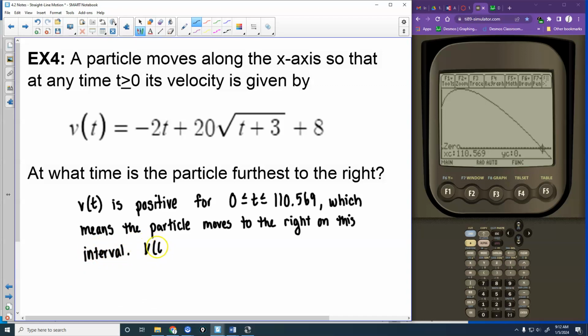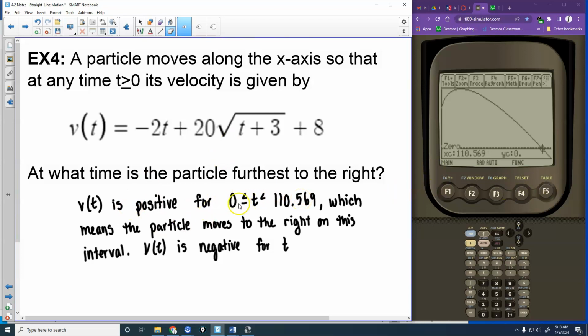V of t is negative for t. Actually, I should not have an or equal to sign with that one because it is not positive at the point where it hits the x-axis.